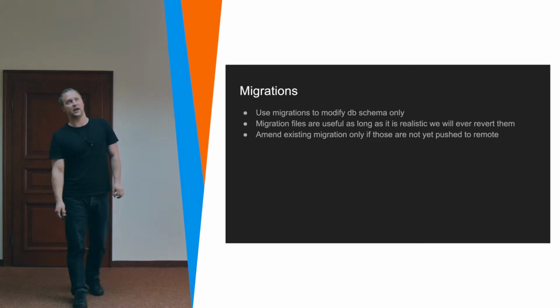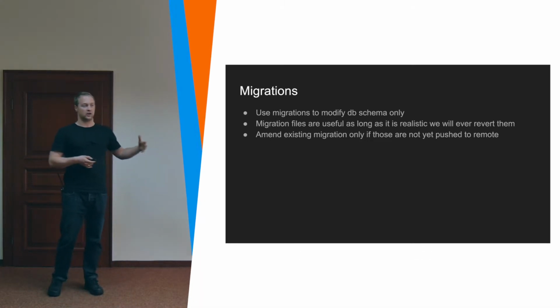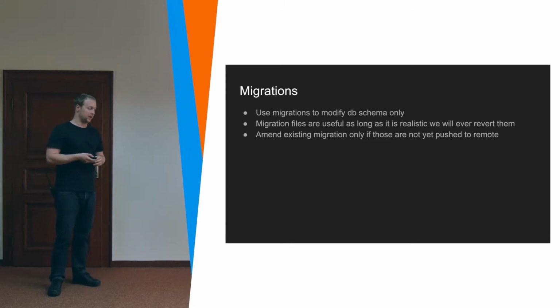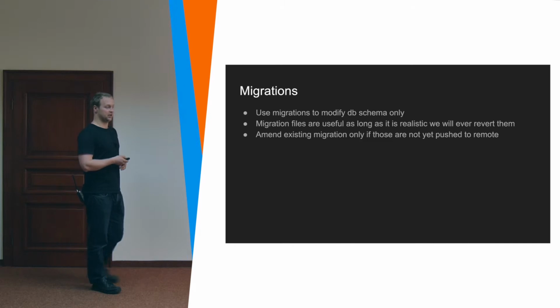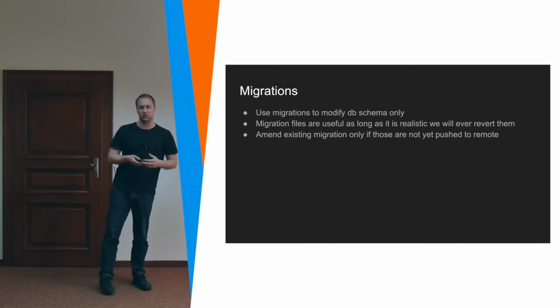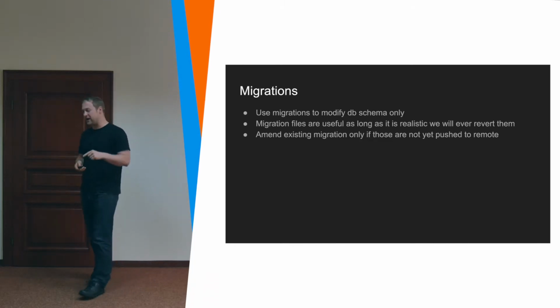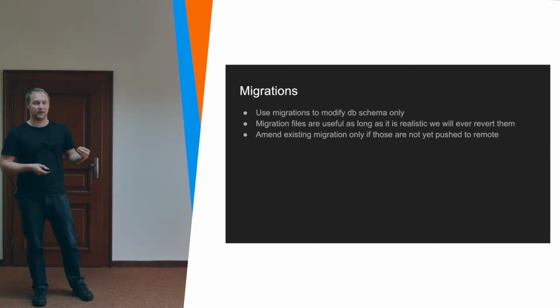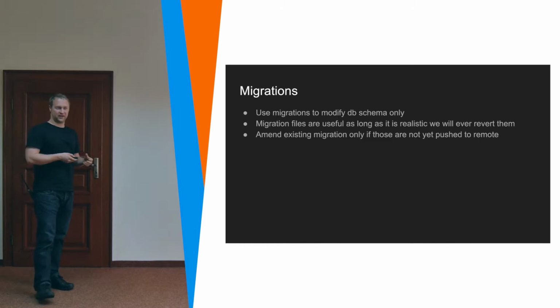Yeah, and there's another thing. When you're working on a given feature and you add a new migration to your repository, and by any chance somebody else is working on this part of the application with you, and you have pushed this migration to the remote, and there is a chance that somebody pulled it from there, please do not modify it in place.